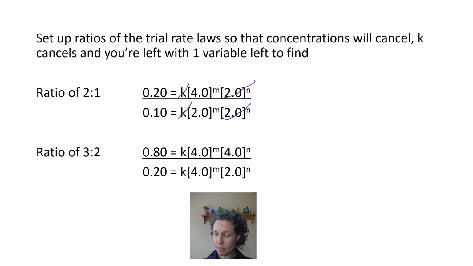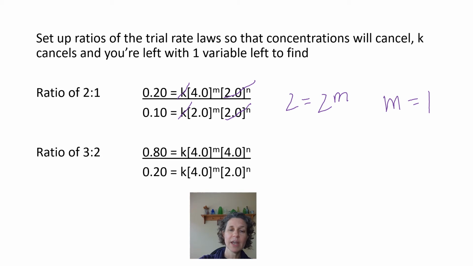If you do the math, you plug everything in, you're going to get 2 equals 2 to the m. Math-wise, and I'm sure someone could give you a really good explanation on all of this, anything to the first power equals itself. So we can look at that and say m equals 1. Okay, so we found m, and then we still have to find n. So we have to set up a ratio where the m's cancel, or the concentration of A has stayed the same.